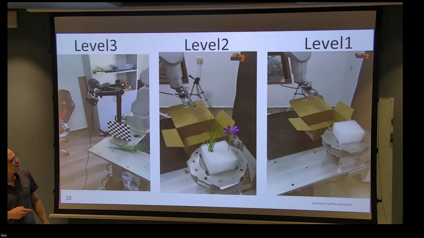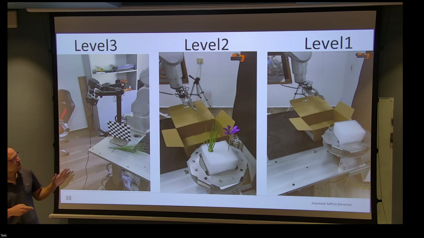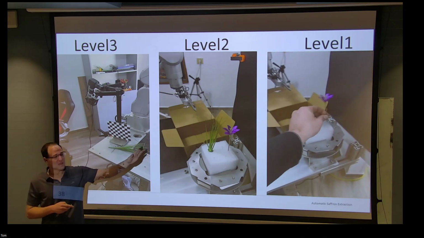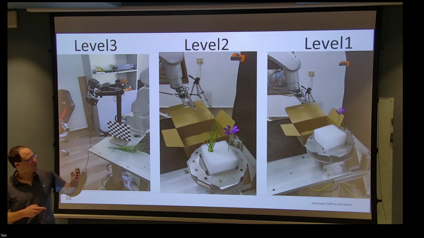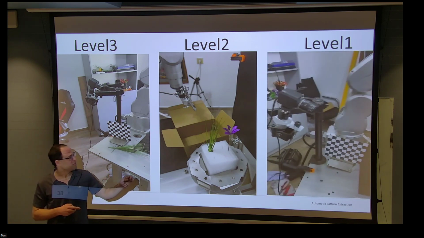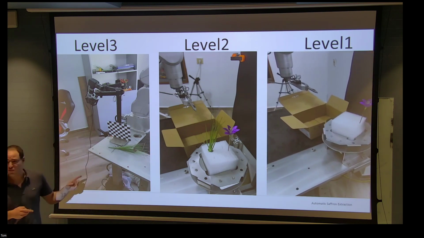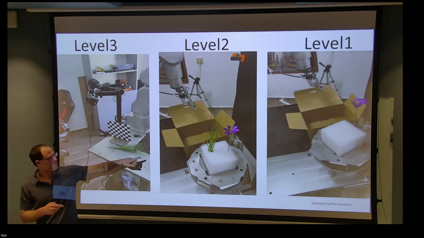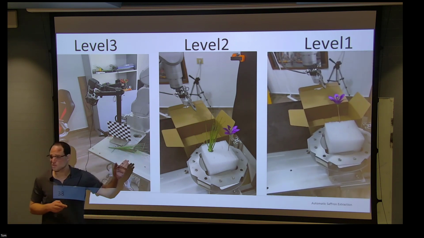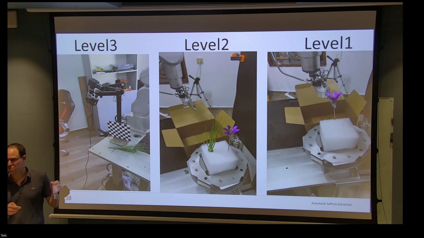Okay, here are the different levels that we tried. We tried first without any occlusion, just as a sanity check, we put a flower with no occlusions. The camera looks from there, quite far from the flower. We rotate it and, because there is no occlusion, it brings it straight to the robot, even not roughly, because it takes the best point for the robot.